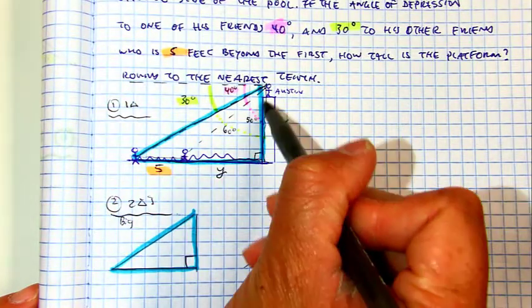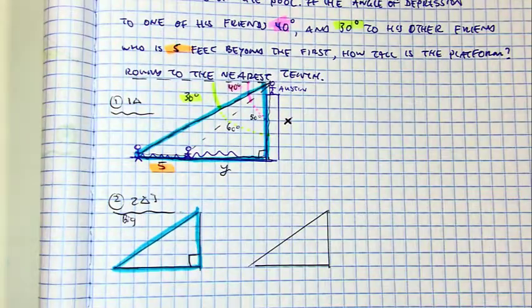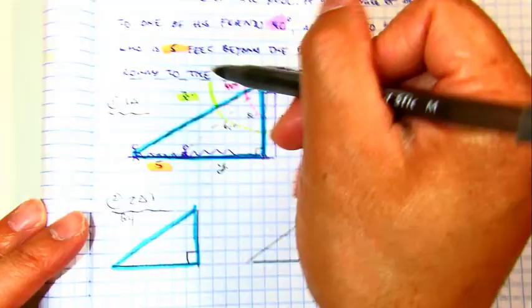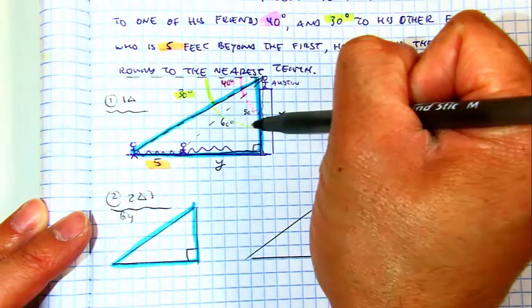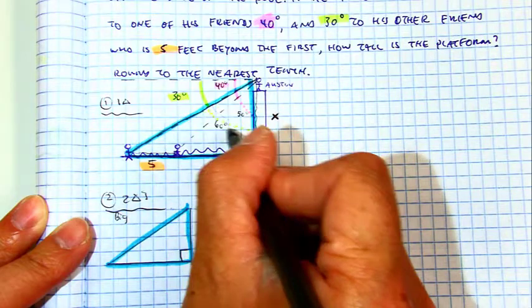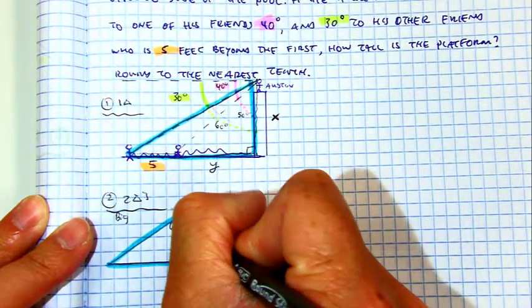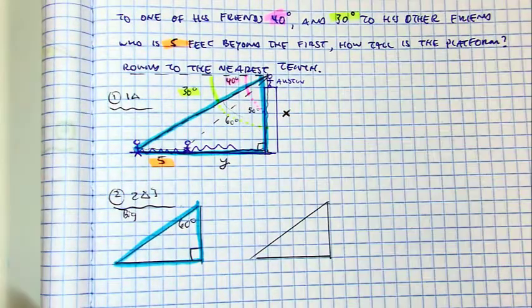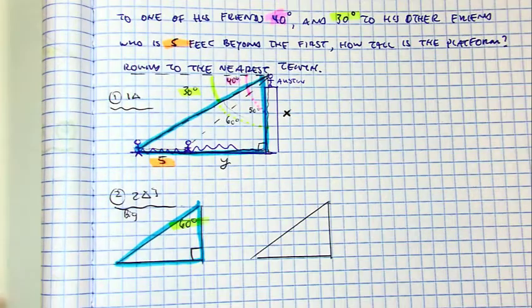So your choices are 50 or 60. 60 is correct. Do you guys see that? It's 30, and then this one is 60 degrees. From this blue triangle, from here to here, is 60 degrees. Okay, Nathan, keep going.